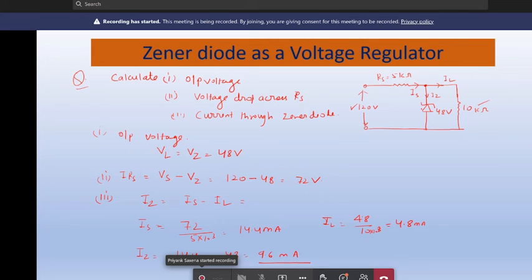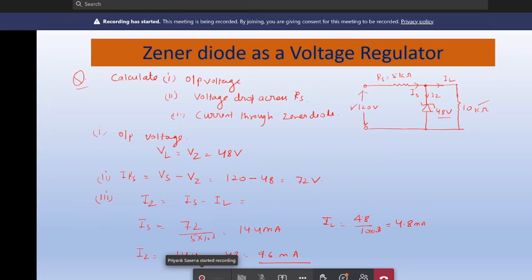All the parameters are fixed. They are not varying. In this case, the Zener diode is given with a breakdown of 48 volt. So you have to find out the output voltage, drop across RS, and current through Zener diode. Can you say the output voltage? What will be the output voltage?